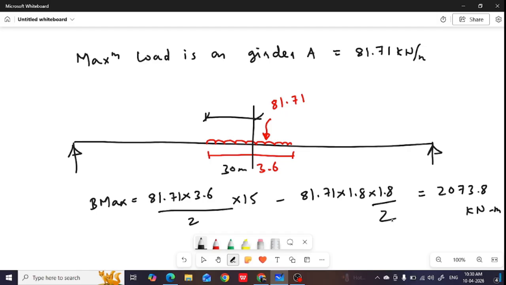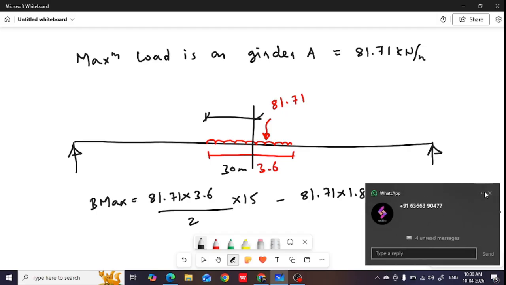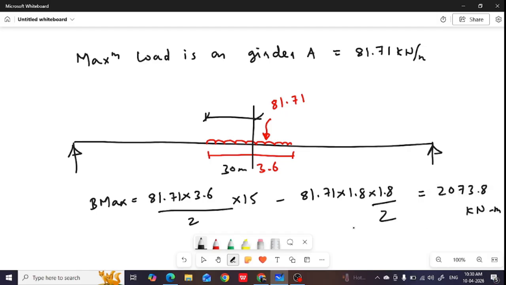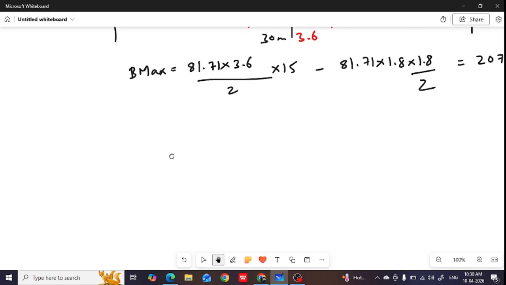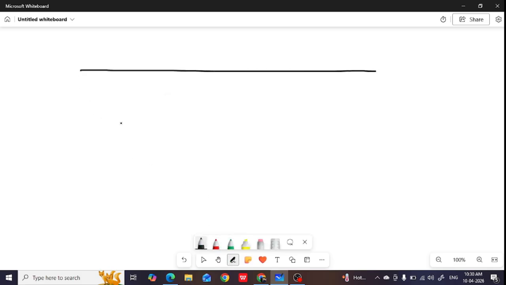Okay. Now we will see how to find shear force due to live load. Okay, so you have 4 girders like this. There are 4 girders.